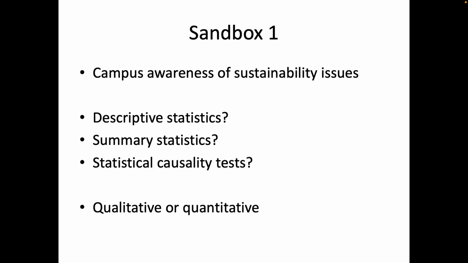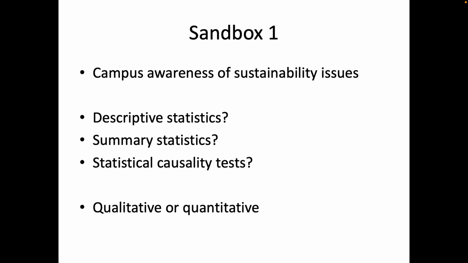Yeah. Okay. If we're trying to figure out what the students are aware of on campus, we need to do a statistical kind of survey or something, to see what people even know about or are aware of. Yeah.